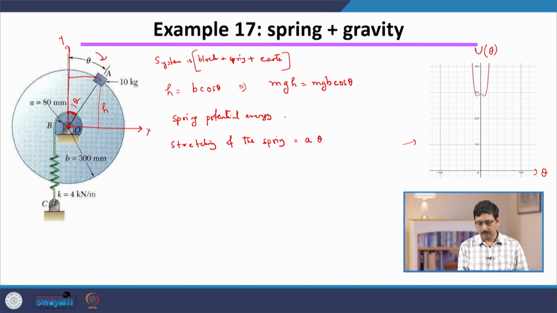So, I am assuming that you are familiar with spring potential energy. The spring potential energy will be given by half times the spring constant k times the stretching squared. Then for our system of this block and spring and earth, the total potential energy of this particular system is given by the two contributions. You have to add them.